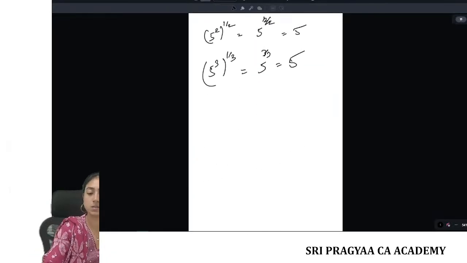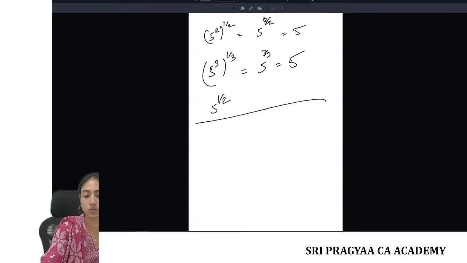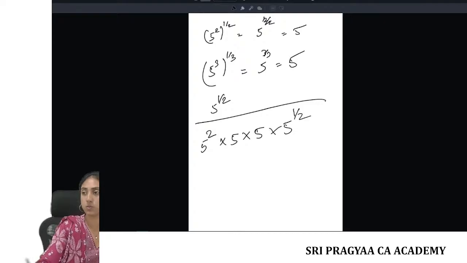Fourth term is pretty simple, 5, 1. So what do we have so far? 5 square into 5 into 5 into 1 by 2. 2 plus 1 by, sorry.